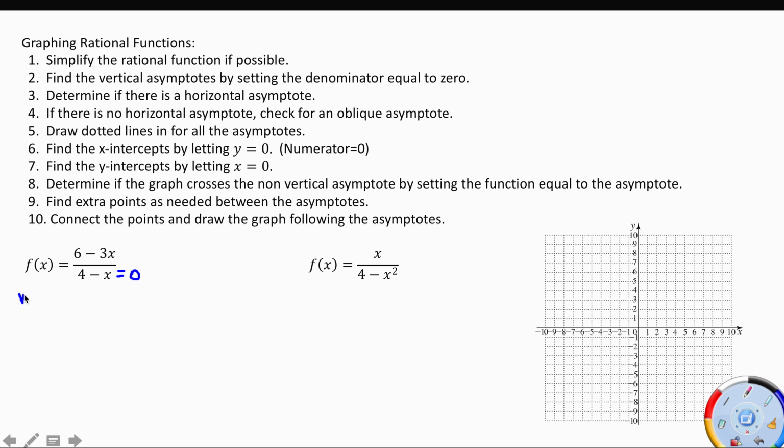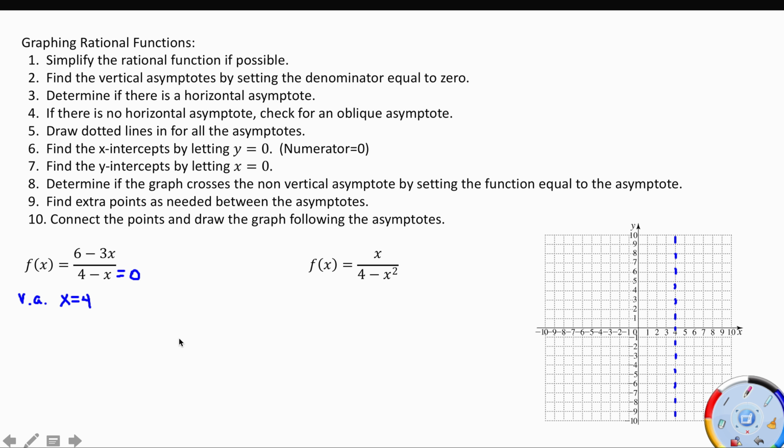So I wind up with my vertical asymptote being x equals 4. As soon as I find my vertical asymptote, I draw a dotted line because it's not on my graph, but it's one of my boundary features of my graph.